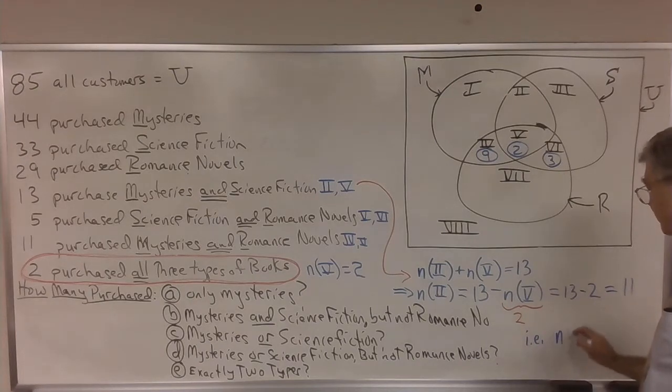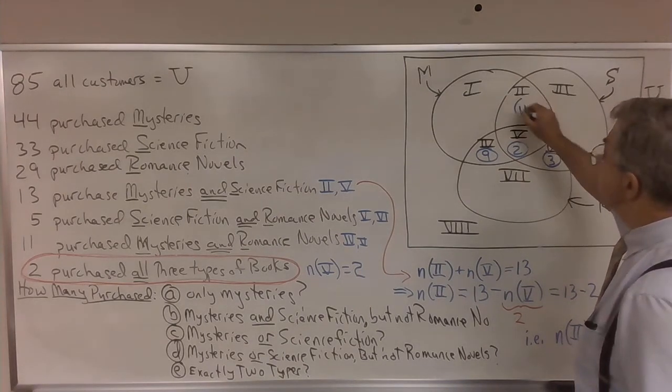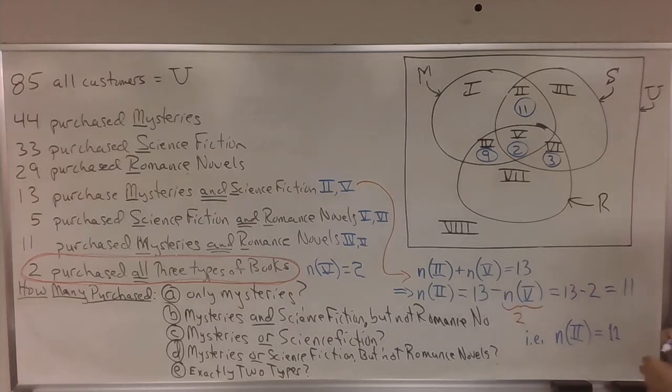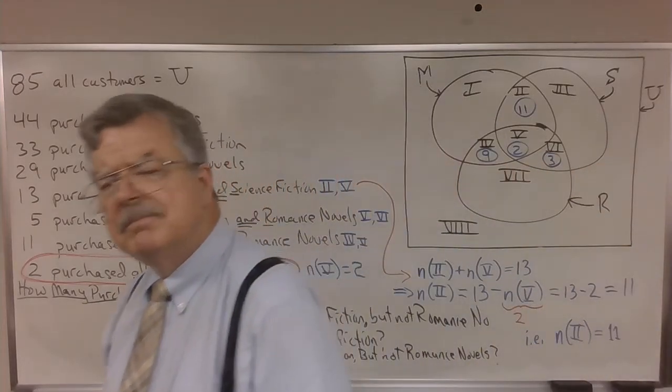So that is region 2 has 11 people. Well, we're going to put that in there, aren't we? 11 people. Oh, this is great. You know, we're just chipping away at it, and bit by bit, we're chiseling that boulder down to a little pebble.